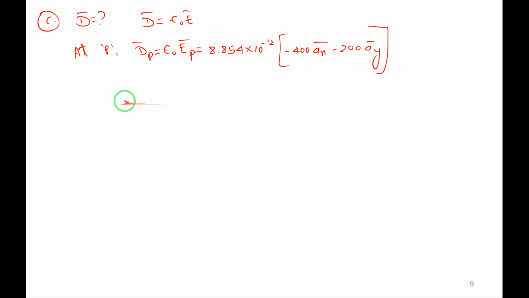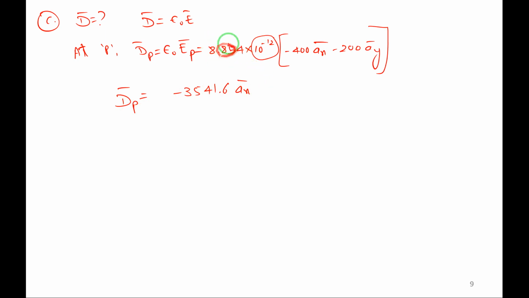Okay, fine. Then D at point P, just multiply 8.854. 10 power minus 12, you can take it out and write it. So minus 400 into 8.854, I am getting it as minus 3541.6 AX.